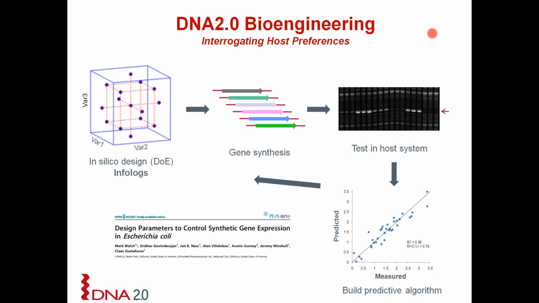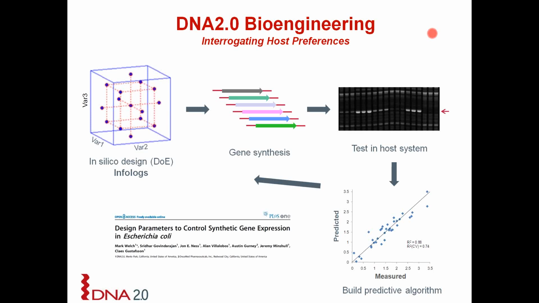A key feature of this approach is that we're using design of experiment methods. This allows us to broadly vary the vector design variables while minimizing covariation between these variables to most effectively explore the space. Combined with our gene synthesis capabilities, we're able to readily and rapidly sample any variable over any range we can cover.